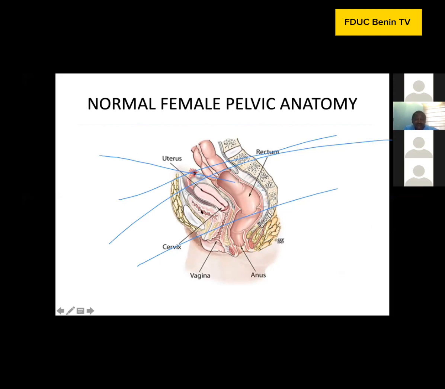We have the bladder just posterior, and then the vagina just below, up to the cervix, and then the uterus. Behind the uterus, you have the bowels, the rectum, and the lumbosacral spines. Always remember this picture when you pick up an image of a transvaginal scan.